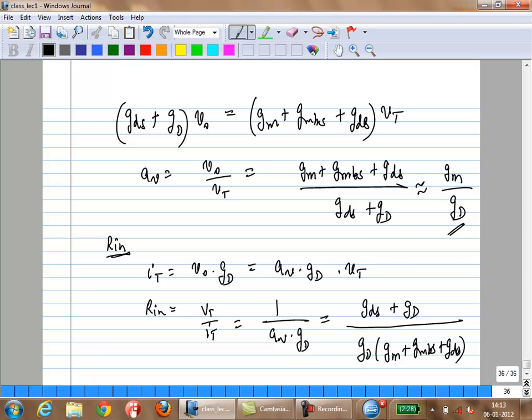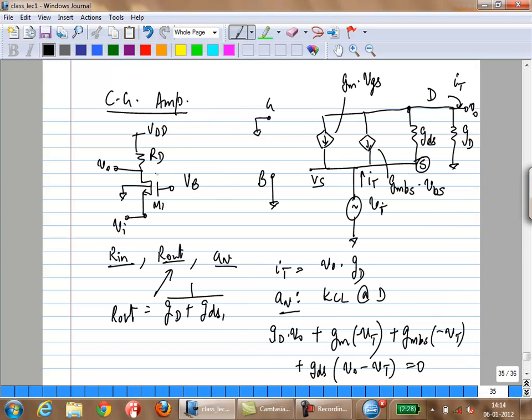Now you remember somebody was saying that the input impedance of a common gate is 1 over GM. I think you would have studied that in the previous course, right? Has everyone studied that? Input impedance at the source. But this is the accurate expression, and what it shows is that it's actually a function of the drain impedance also. Obviously, if you left your drain open, if RD was infinite, input impedance would also be infinite. It's not always 1 over GM.